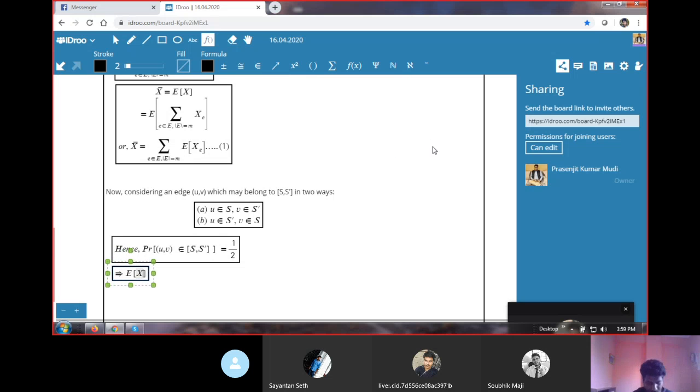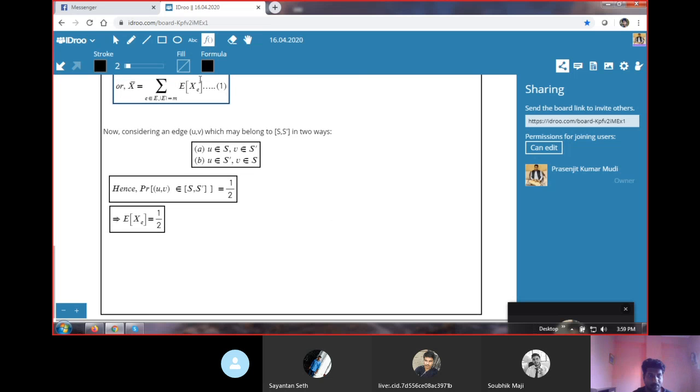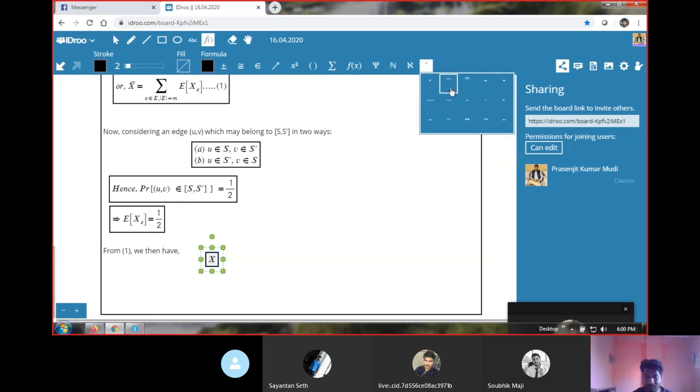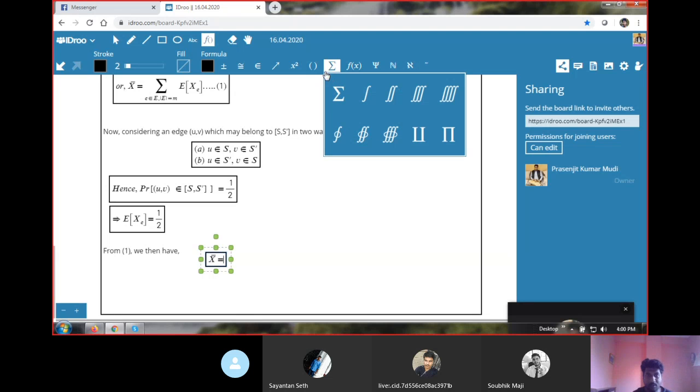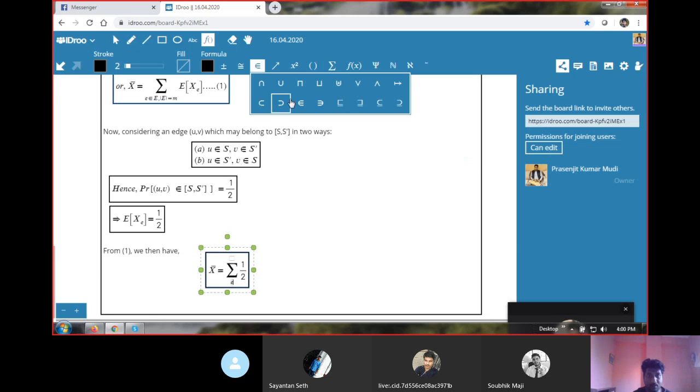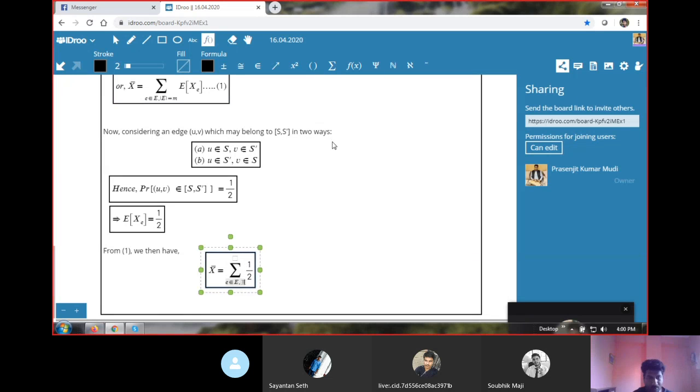of xe is half. So from 1 we can write the following: the summation over half for all edges belonging to the edge set E, where size of E is equal to m.